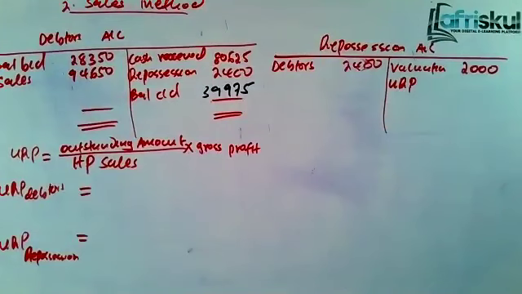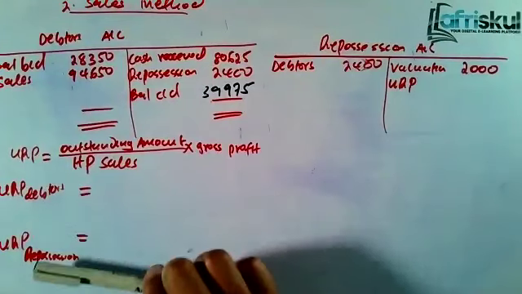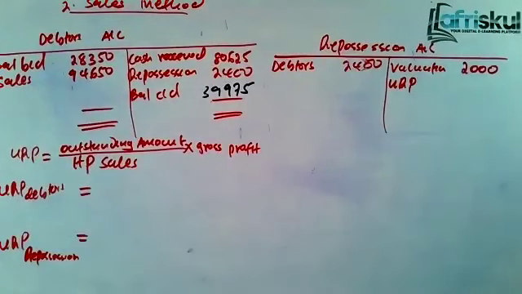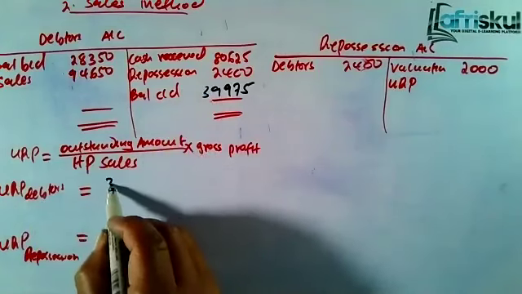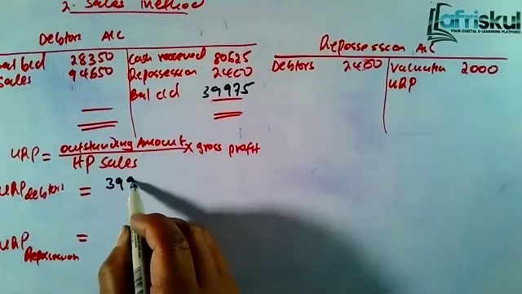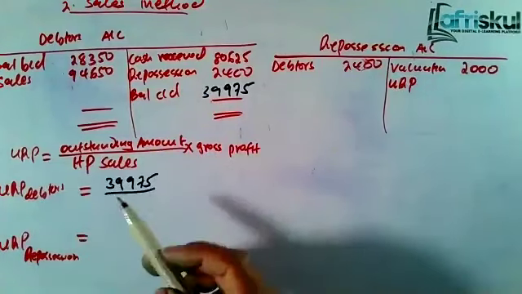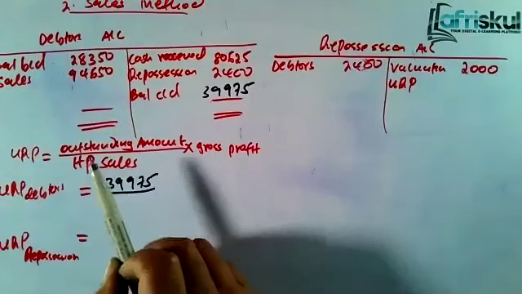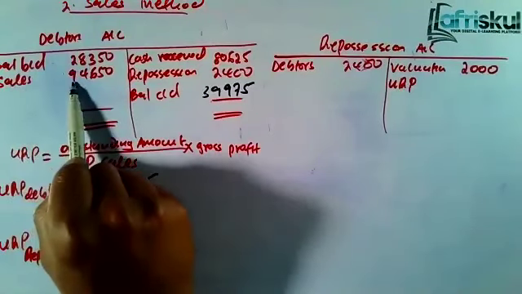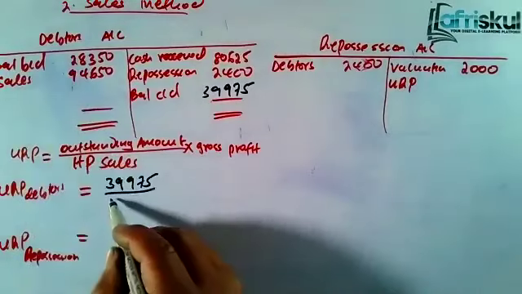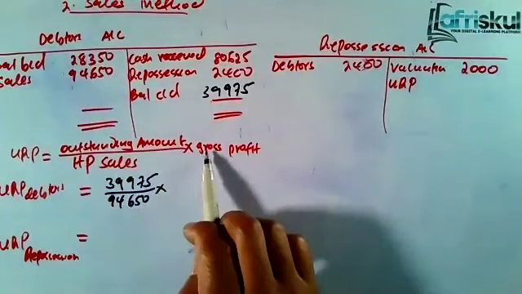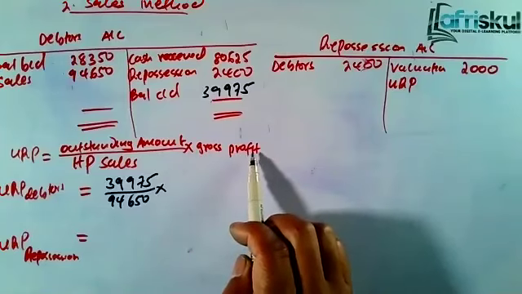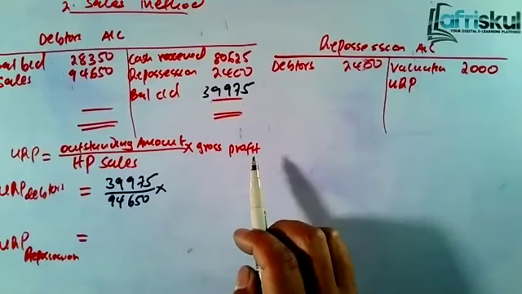Hapa itakuwa the outstanding amount, tuanza na debtor, ndio hii tumepata here as the balance carried down, which is 975. You divide by the hire purchase sales. Hii tulikuwa tumepewa note number 1. The hire purchase sales including the interest ilikuwa 94,650. Then you multiply by the gross profit. So hapa kwa gross profit ndio kuna maneno. Tuangalie hapa.